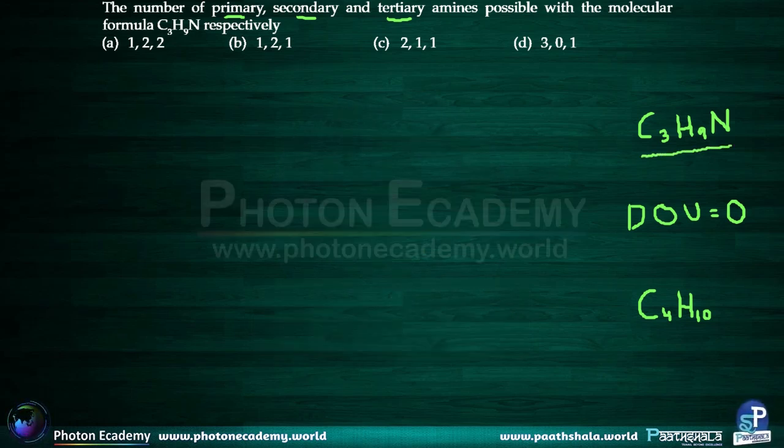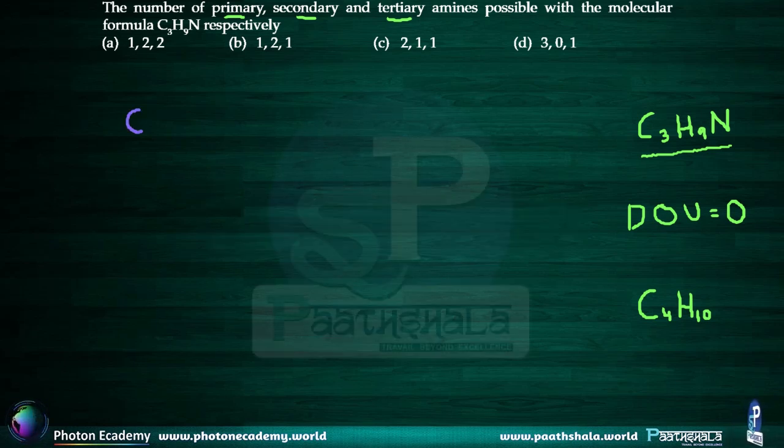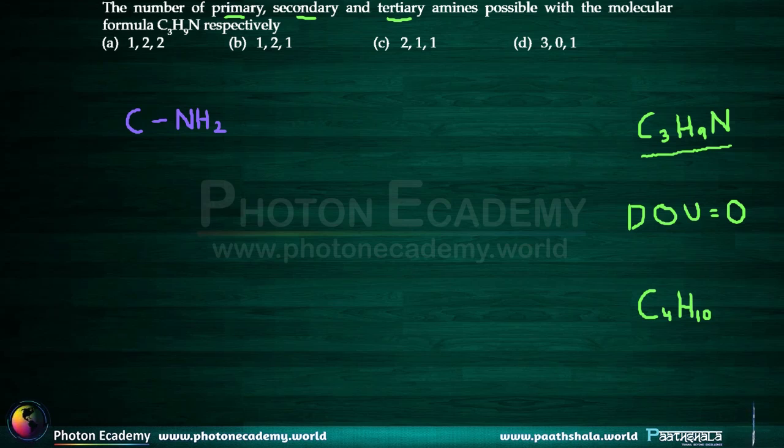Now let us understand what are 1 degree, 2 degree and 3 degree amines. So a 1 degree amine is going to be an amine in which the amine group, or specifically the nitrogen atom, is bonded only to one carbon atom, which will be something like this. A 2 degree amine is an amine in which the nitrogen atom is bonded to one hydrogen atom and two carbon atoms, which is going to be something like this.